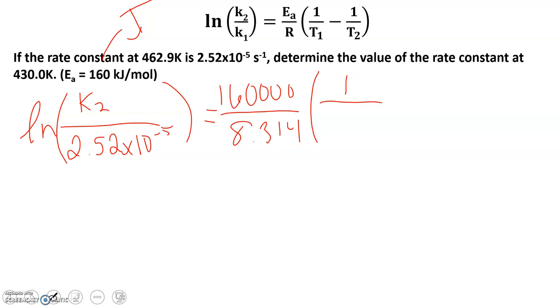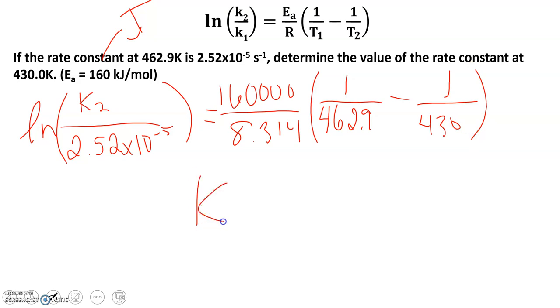Now I use the 462.9 as my T1 and 430 as my T2. And so if you do this math, you get the K2 to be 1.05 times 10 to the negative sixth.